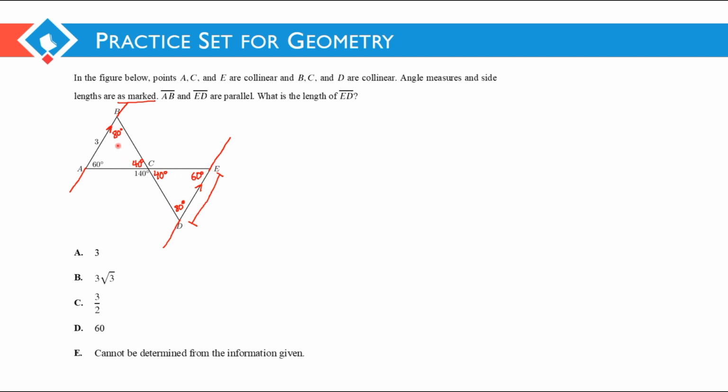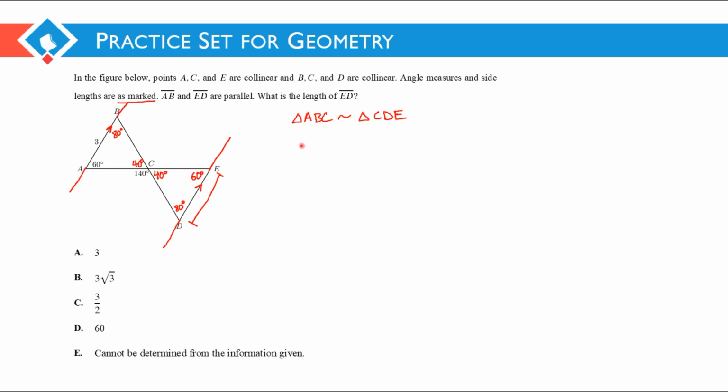So we have established that the angle measures of the inside of both of these triangles are exactly the same. That means the triangles are similar. So we know that triangle ABC is similar to triangle CDE. And now we can go about figuring out what's going on. Okay, so if the triangles are similar, that means the ratios of the sides of the triangle must be proportional.